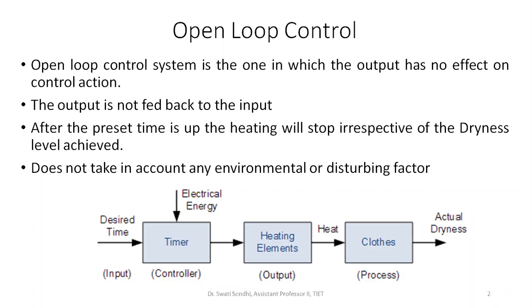As soon as the timer starts, the heating elements switch on and generate heat. After a particular duration, say 10 minutes, the heating elements switch off, irrespective of whether the clothes have actually dried or not. So this is an open loop control.